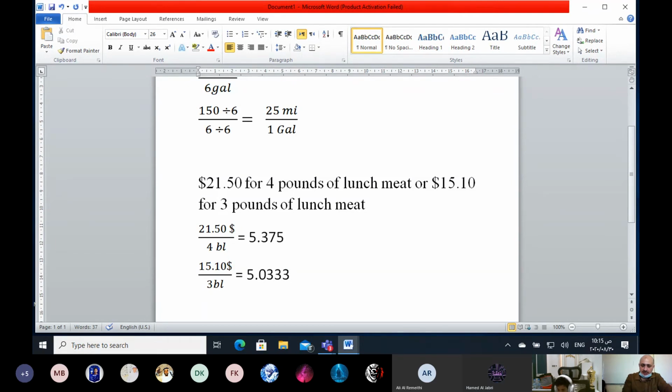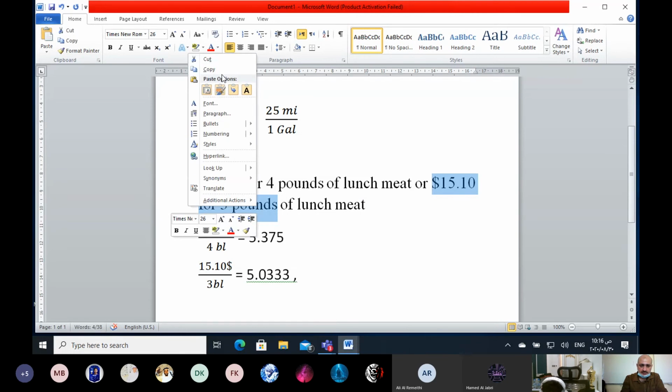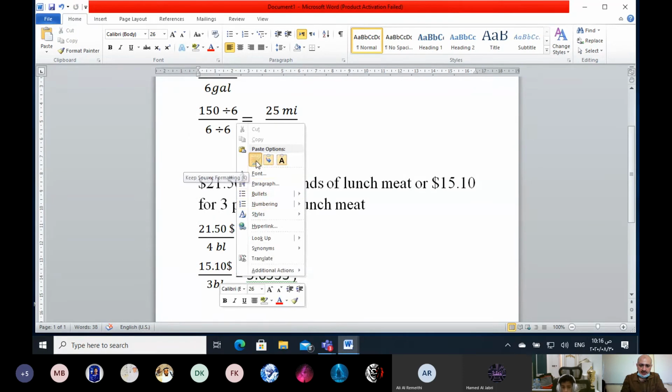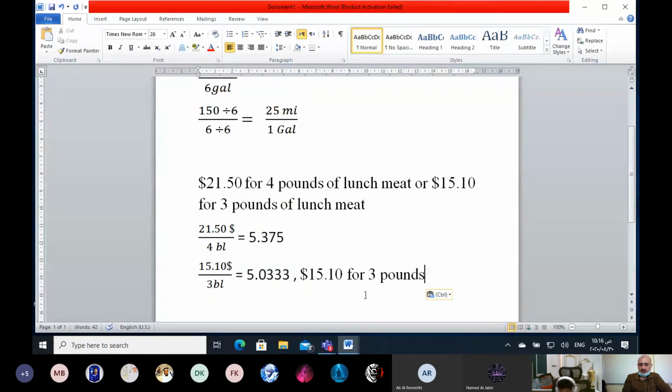So the best offer, we can choose this deal, 3 pounds of the lunch meat for $15.10.